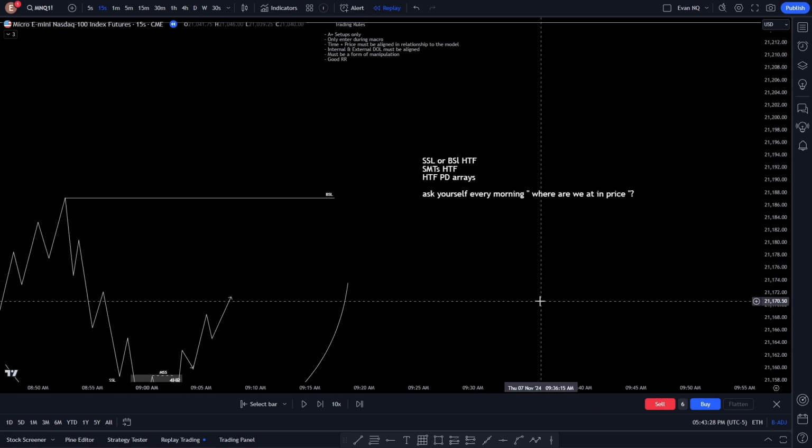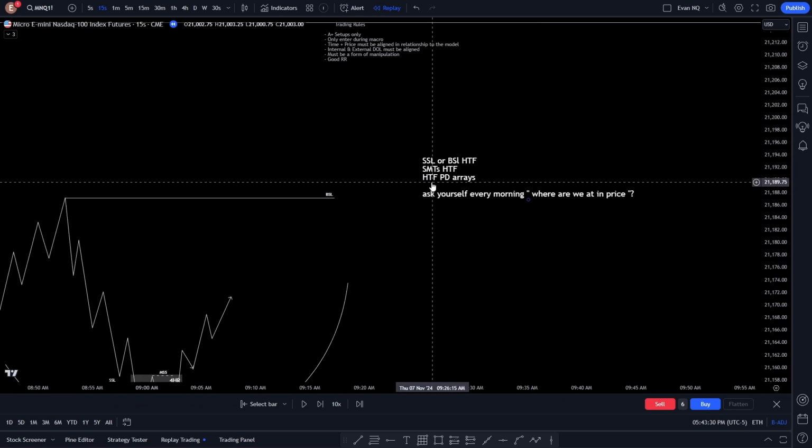Putting these three things into context in price will help you exponentially in finding a daily bias.